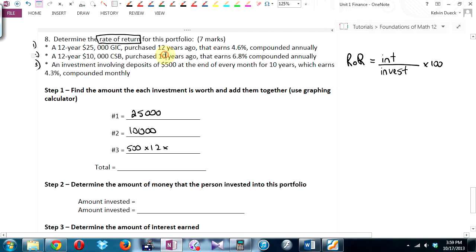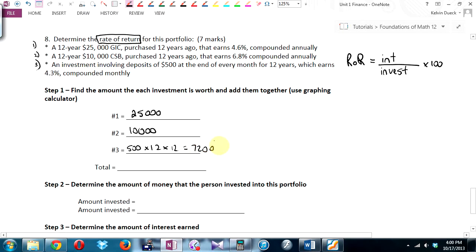Just so our numbers are all the same, I'll go 12 years. So instead of 10 years, how many years? Oh, 12. How much is that? Please crunch the numbers. 7,200? Is that right? Yes.